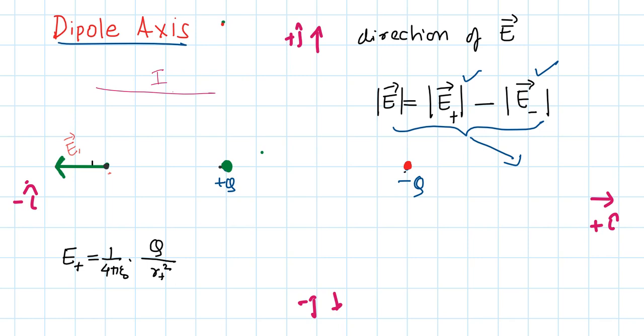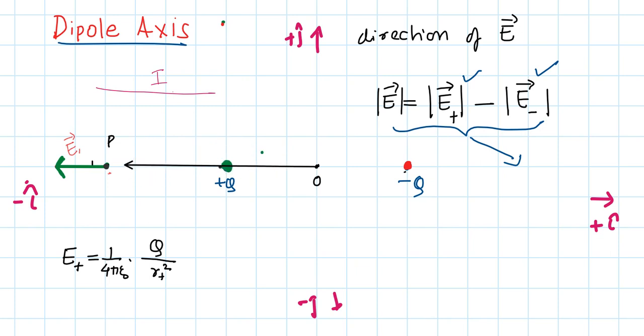So what is the distance r plus? This is where we invoke our coordinate system. Now the point P, as I told you earlier, is some arbitrary point in the space around the dipole.